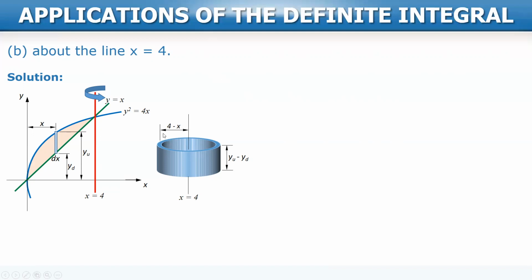It's not x and y. You have to analyze carefully. Again, this is 4 minus x, and the thickness is dx. So volume is height, circumference, 2 pi times radius times thickness.